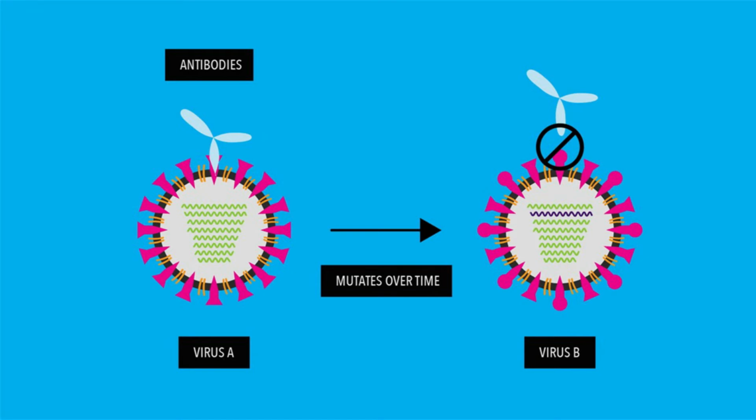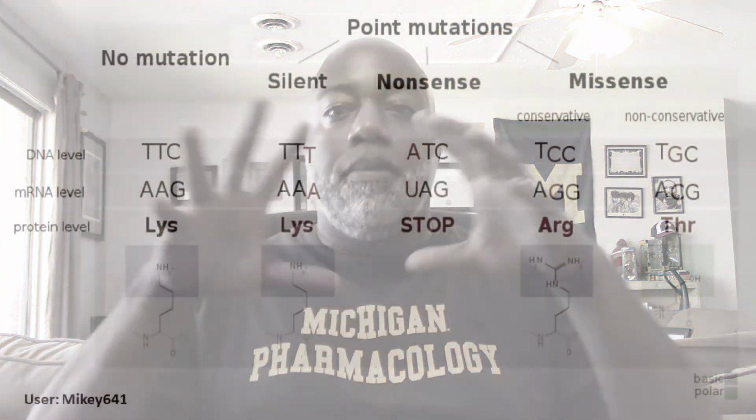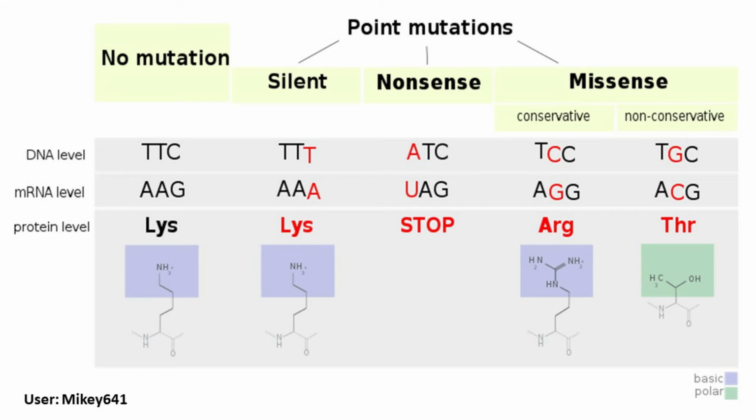And of course, you can also get both, where the epitope has changed and also it's become buried within a new protein conformation because there's been some sort of mutation to the nucleic acid sequence.